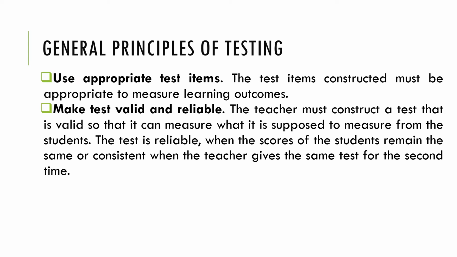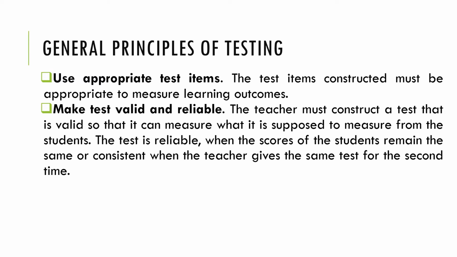Okay? Now, when we say reliable, according to here, the test is reliable when the scores of the students remain the same or consistent when the teacher gives the same test for the second time. If the teacher wants to know the reliability or consistency of the content of the exam or assessment tool, all they have to do is to administer the same test, and let's look at the scores of the students.